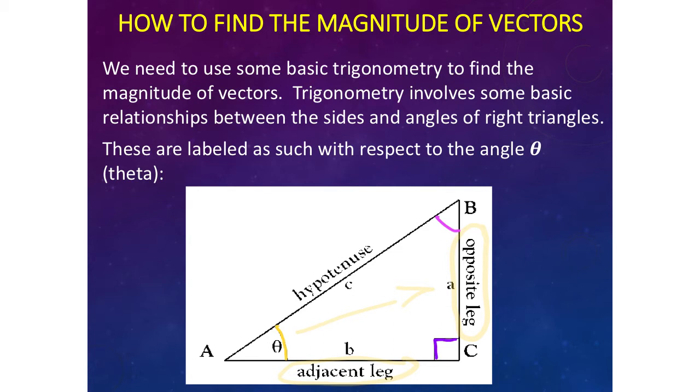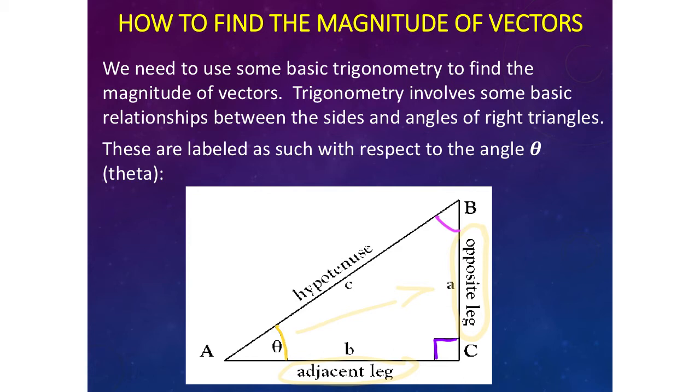And the opposite is the only side not connected to the angle itself. So whichever angle you're looking at, which side you would consider the opposite and the adjacent, those are going to change. But you always look for which side of the triangle is not connected to the angle, does not help make the angle.